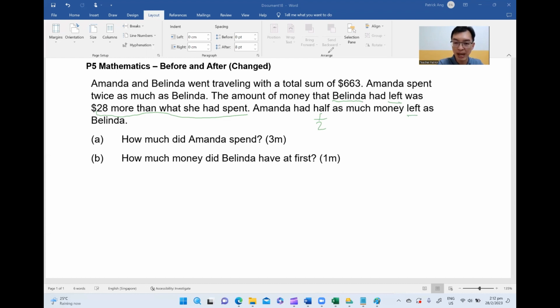So in this aspect, 1 unit is representing Amanda and 2 units representing Belinda. So let's get this started with Amanda and Belinda for what they are left with. So 1 unit left for Amanda and 2 units left for Belinda.